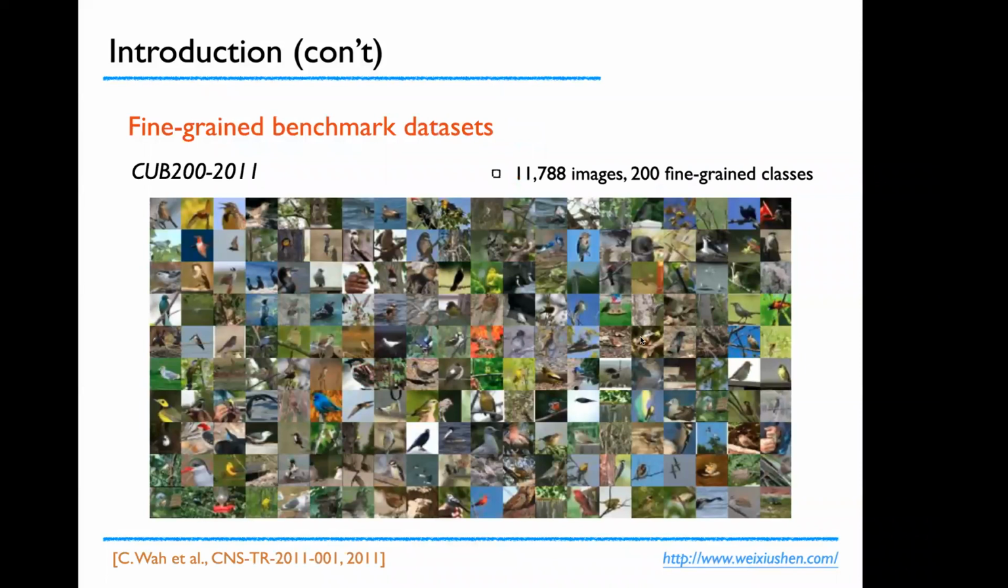On the side of fine-grained recognition tasks, there are some benchmarks in the literature, and some of them were mentioned by Serge. The most popular one is CUB, which is a bird species classification dataset.